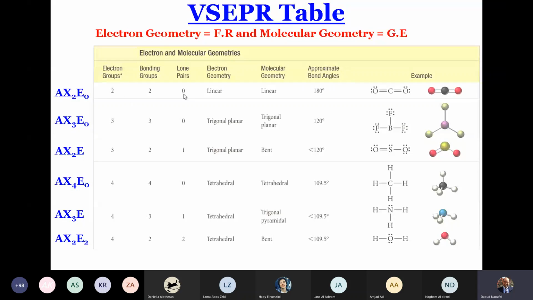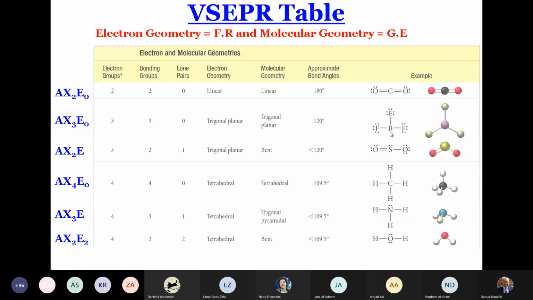The lone pair is 0, so the figure of repulsion for EP equal 2 is linear, the geometry is linear, and the angle is 180 degrees. This is the Lewis structure, and this is the drawing of the geometry according to the ball and stick method.